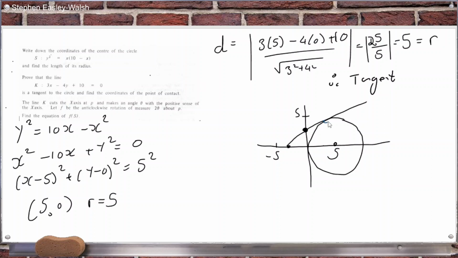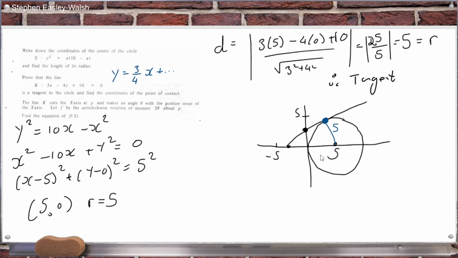So we're looking for this point here. I think we can get the slope of this line. So I can say y equals 3 over 4x, etc., etc. So the slope of this line is 3 over 4. Okay. This distance here is 5.